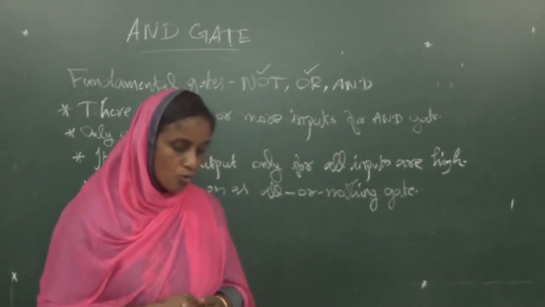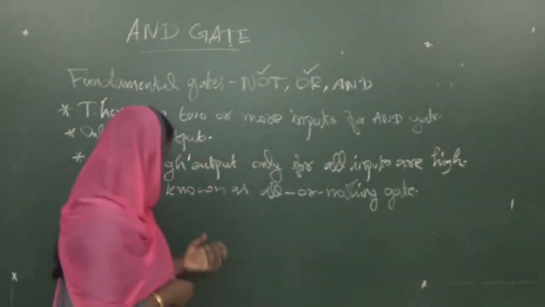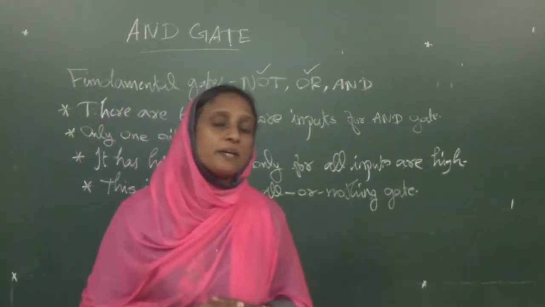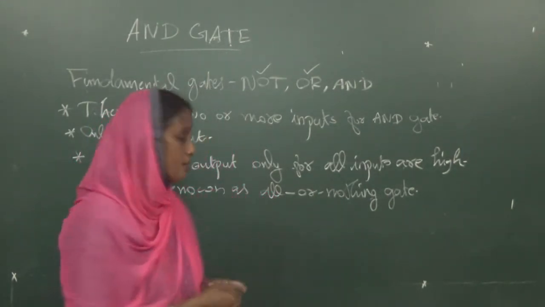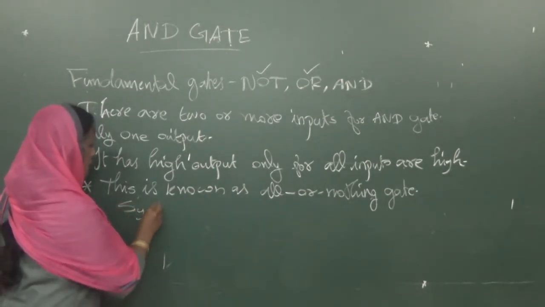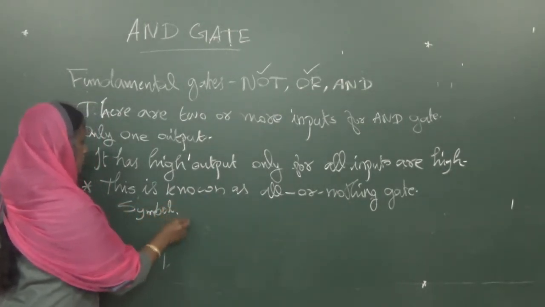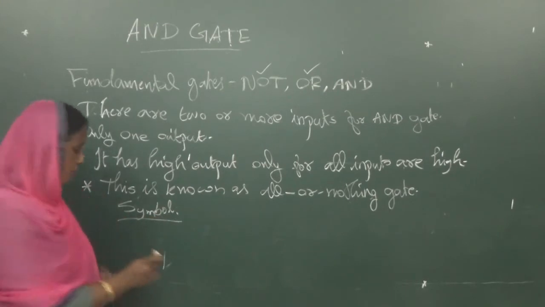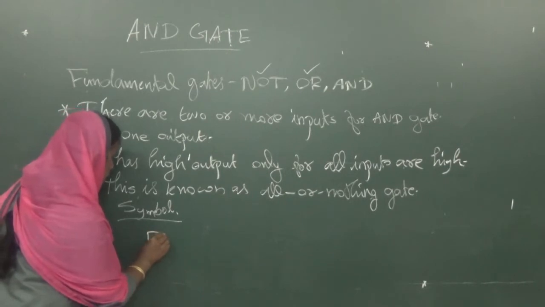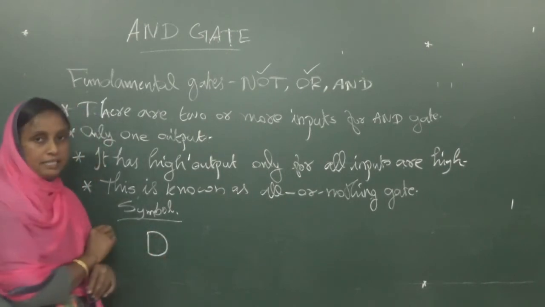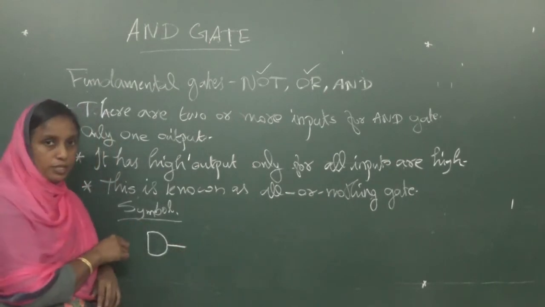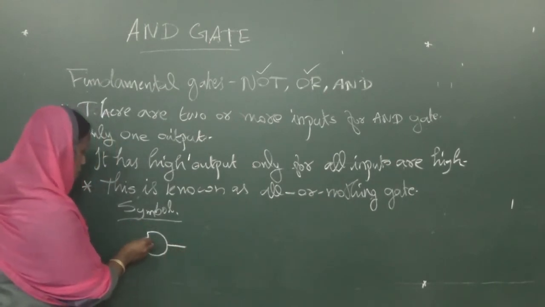Now I will show you the diagram of how to represent AND gate. That means the symbol of the AND gate. This is the notation used to represent AND gate. It has only one output pin shown here. This side is the input side.